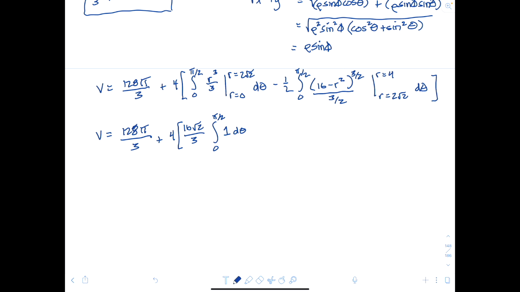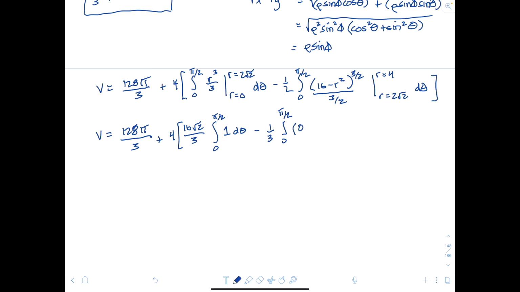And then, let's see, multiplying by the reciprocal, so 1/2 times 2/3, we're going to have minus 1/3 integral 0 to pi over 2, and then when r is 4, we're going to get 0.